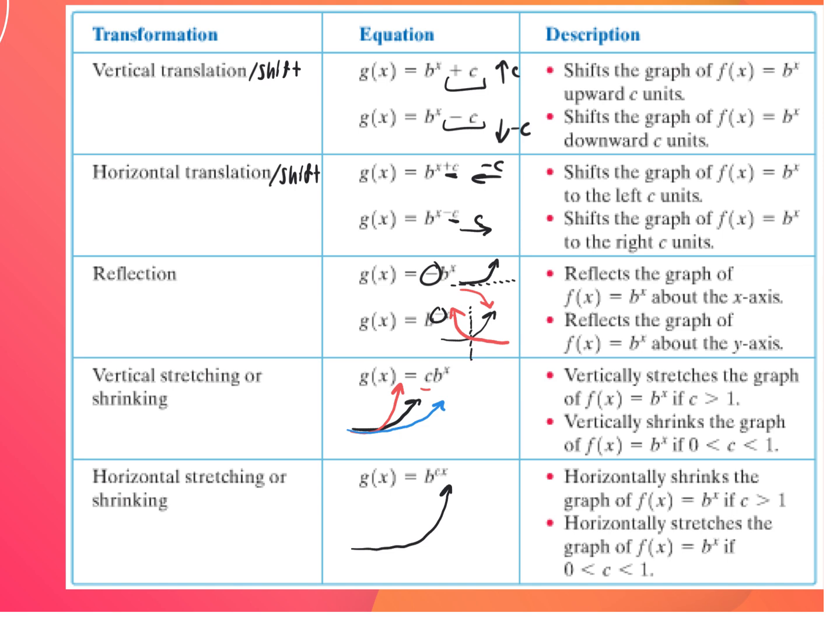But if I'm shrinking it horizontally, that means this in the horizontal direction is going to get a lot smushed. It's going to be something like that. And then if I'm stretching horizontally, from left to right, it's going to look a lot longer horizontally than it did before. So very similar to vertical stretching or shrinking.